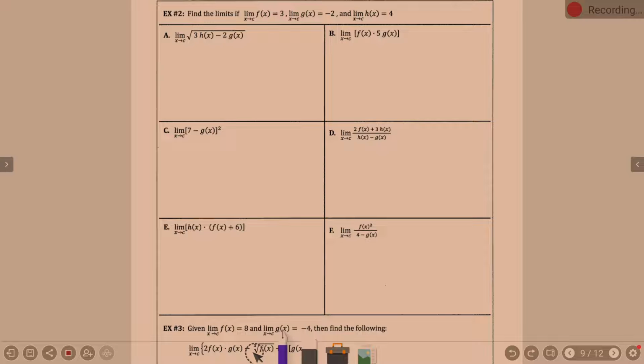Now, if I apply my rules here first, the whole thing's going to be a square root, yes? So it's going to be the square root of all this. But it's going to be 3 times the limit of x approaching c of h of x minus 2 times the limit as x approaches c of g of x.